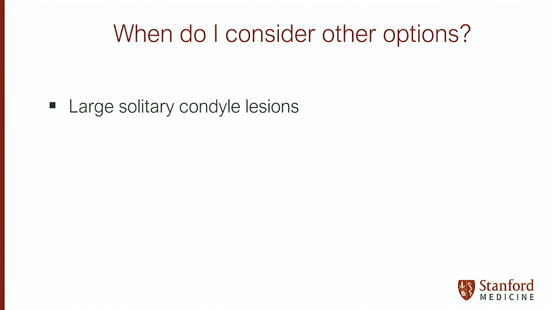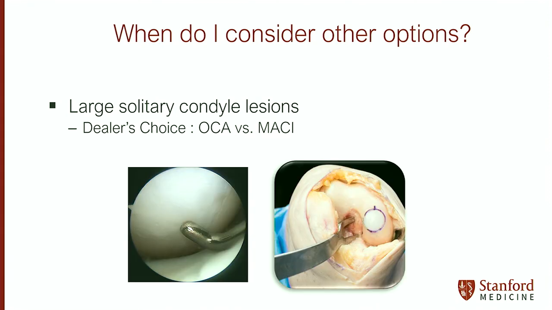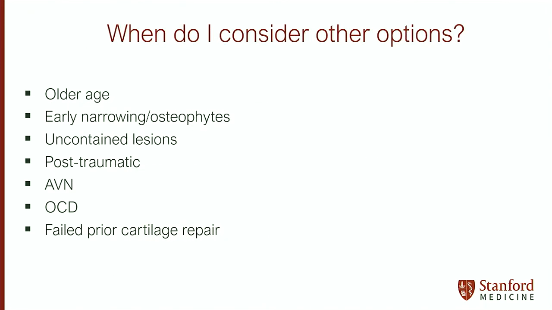I think for large solitary lesions, at least when you're looking at the evidence, it's dealer's choice, MACI versus osteochondral allograft. For us, in our training bias, for me it was more osteochondral allografts than MACI, but you can make a compelling case based on the literature that it's a very reasonable thing to consider. And then just to see that our thoughts are aligned and to bring it back to all of you, when do I consider other things?